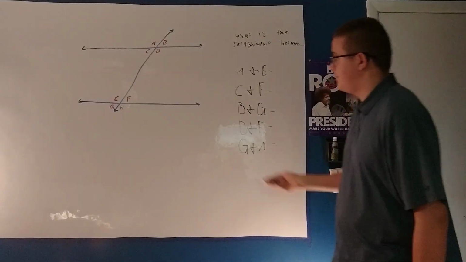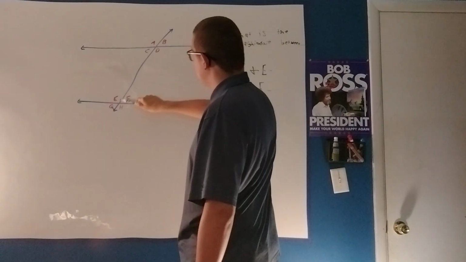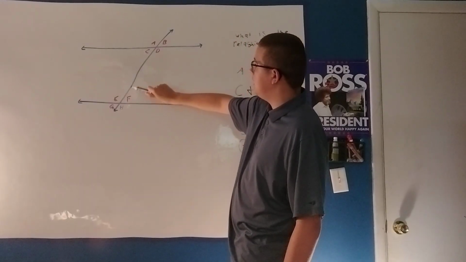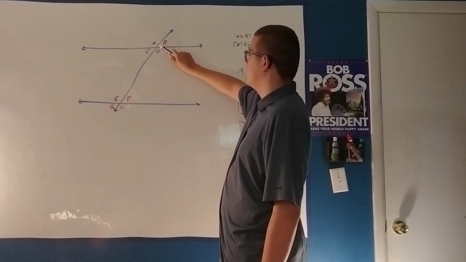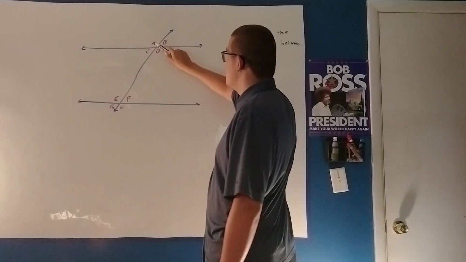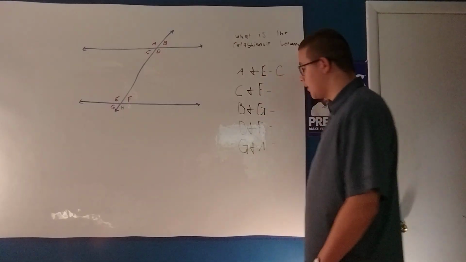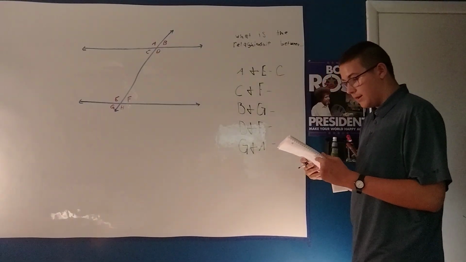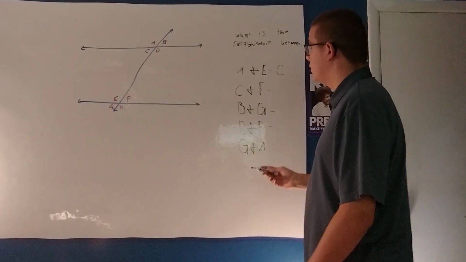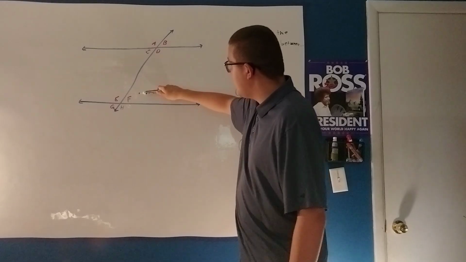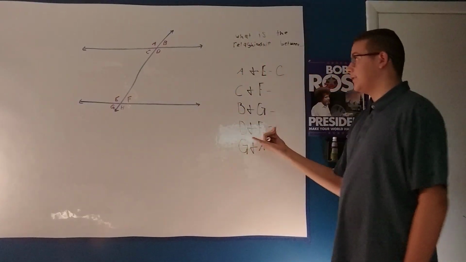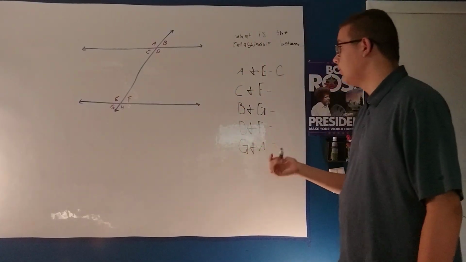Okay, A and E. Well, it looks like you could just slide E up the transversal to A, so that is corresponding. Then C and F. Here's C and F, so they're on opposite sides of the transversal.